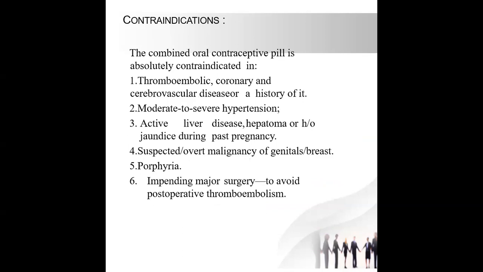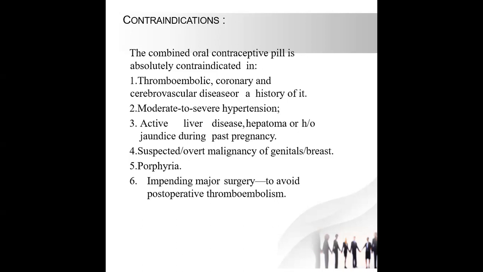When you look into the contraindications of the COCs, the absolute contraindications are thromboembolic disorders, coronary and cerebrovascular disorders, or a history of thromboembolic or coronary and cerebrovascular disorders. Moderate to severe hypertension is also an absolute contraindication.